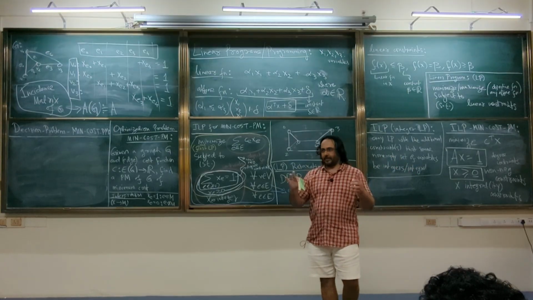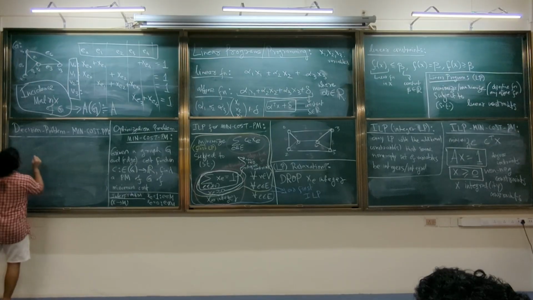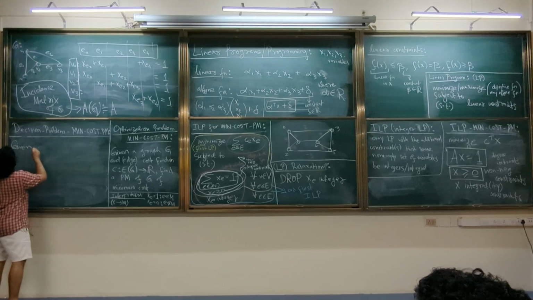So there are multiple ways of going to a decision problem. The one I'm going to choose is this one. In some sense, it is closer to this version.